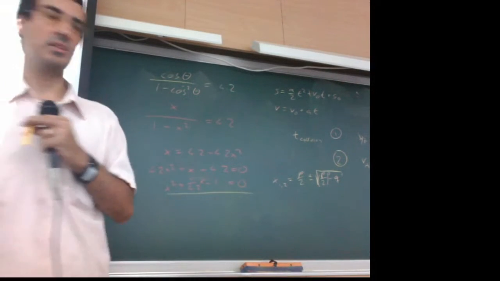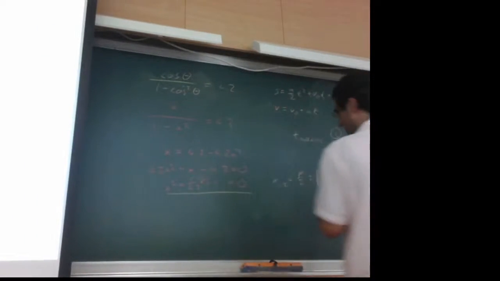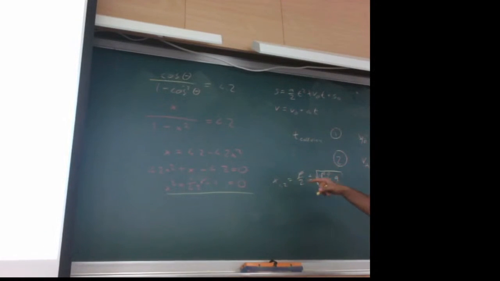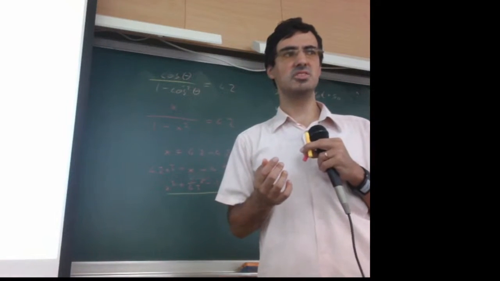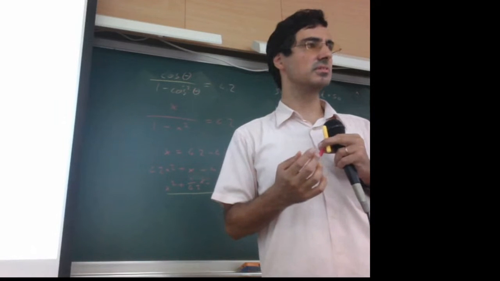Yes? And so, well, I mean, P is 1 over 4.2. I have 1 over 4.8, 8.4. That's minus 1 over 8.4 squared plus 1. And so I will get two solutions.